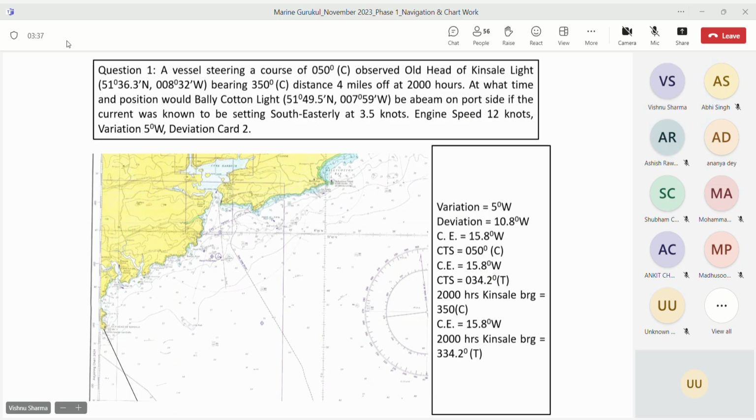Yes, sir. Okay, now we'll take our compass or divider, go to the latitude scale and measure distance of 4 miles. This is the latitude scale. On this we'll measure 4 miles. And for position circle, you need a center. What will be the center of the position circle, guys?